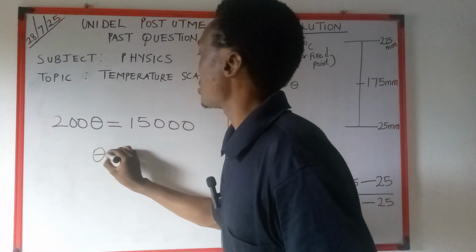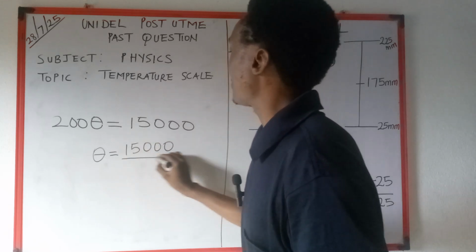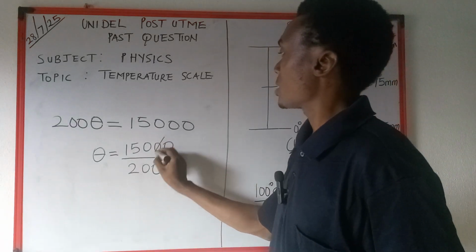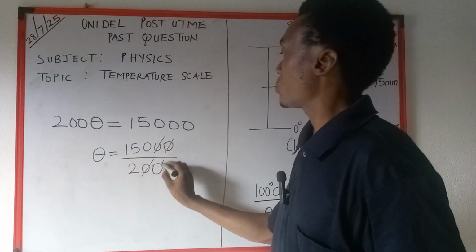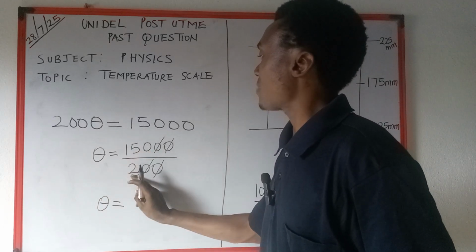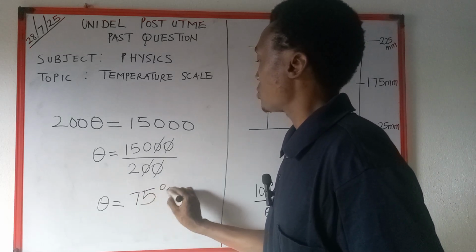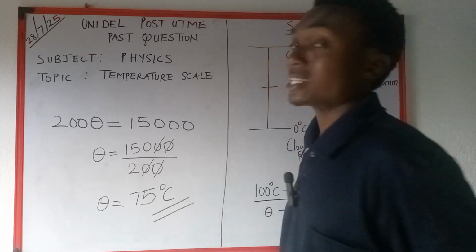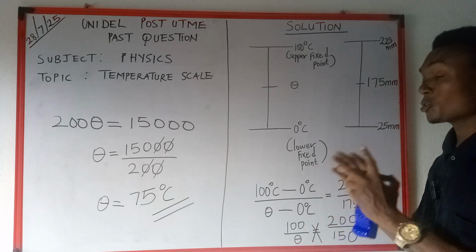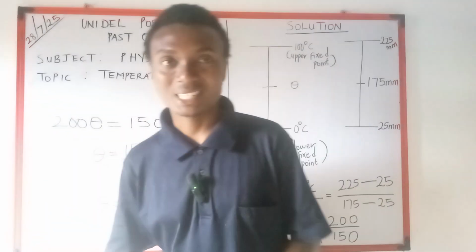So theta is equal to 15000 divided by 200. We can cancel the zeros out. Theta is equal to 150 divided by 2. You have 75 degrees Celsius. And that is the final answer for this particular question on temperature scale.